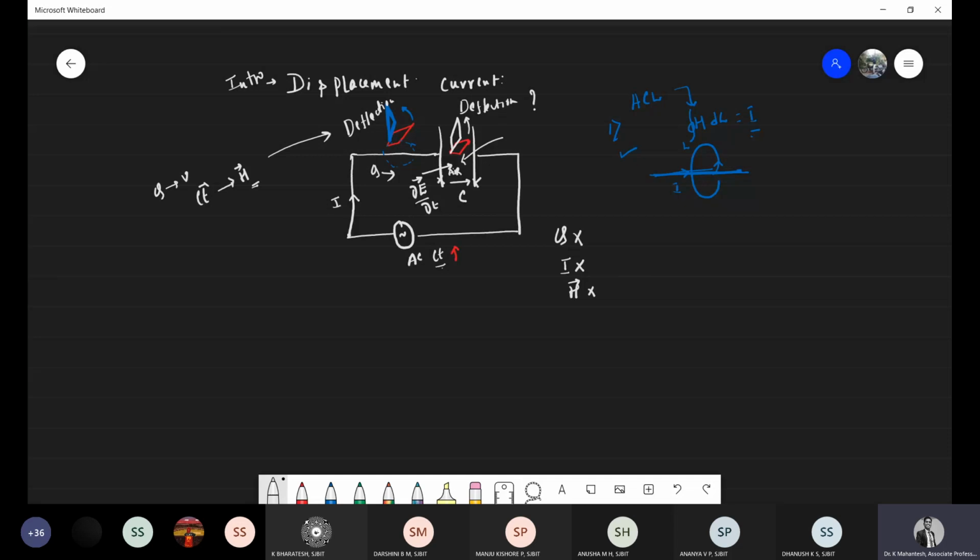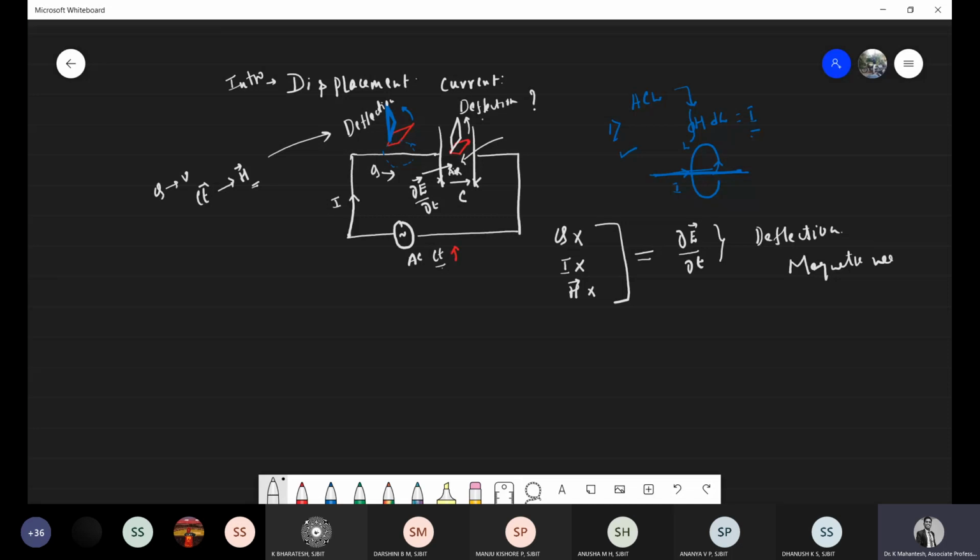This deflection was explained in terms of displacement current, which is nothing but the rate of change of electric field, and this causes the deflection of that magnetic needle.